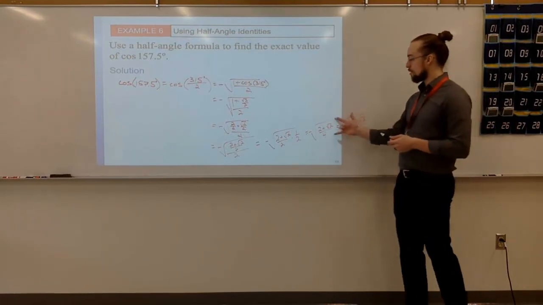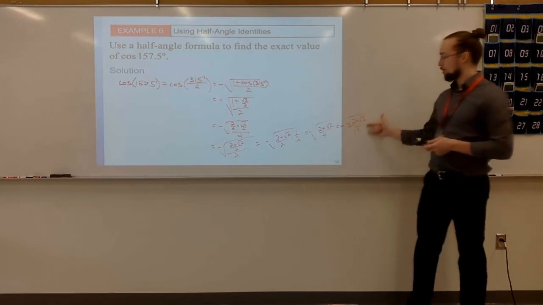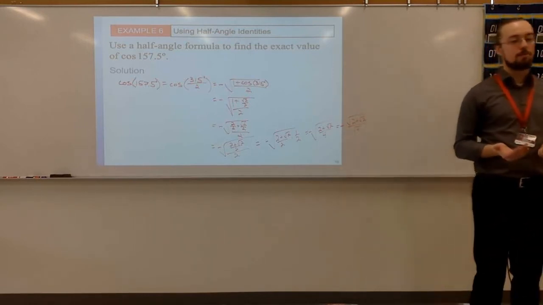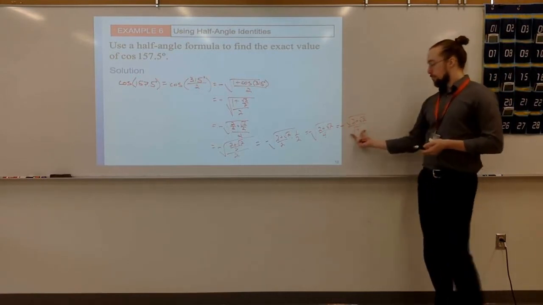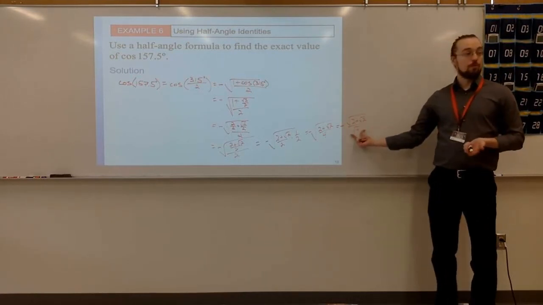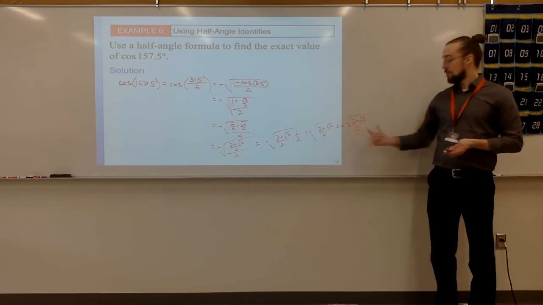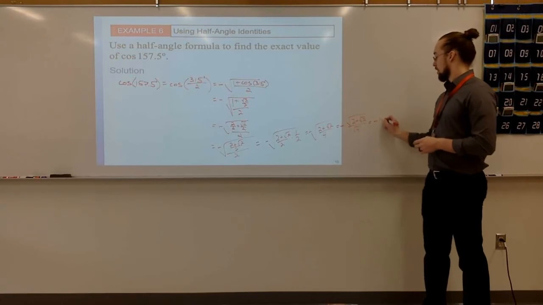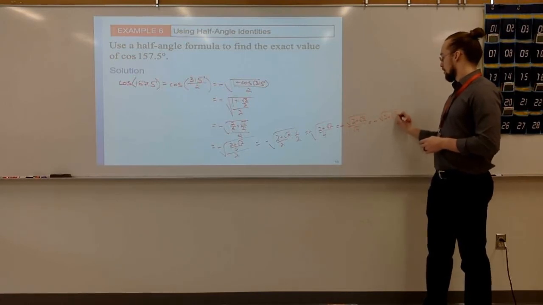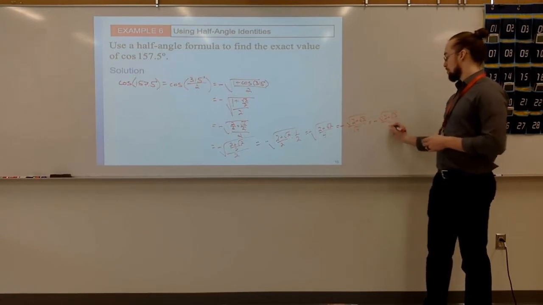Remember, if we're taking the square root of a fraction, we can take the square root of the numerator and denominator separately. Now, the square root of 4 is a perfect square, so it's just 2.